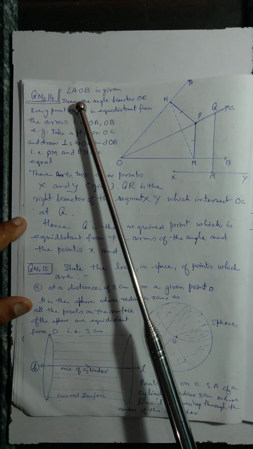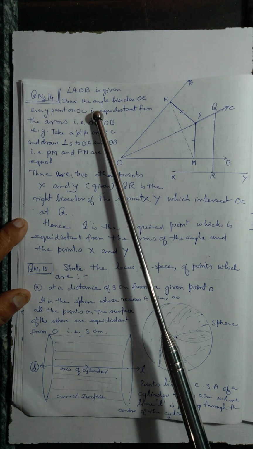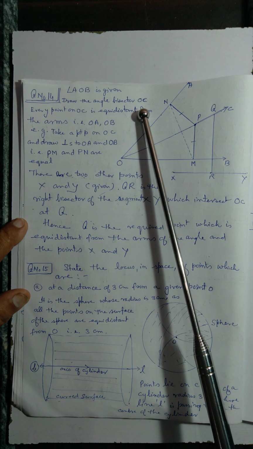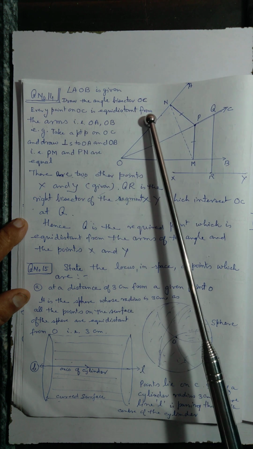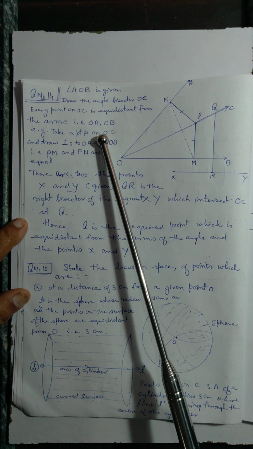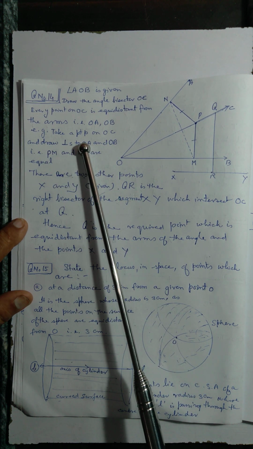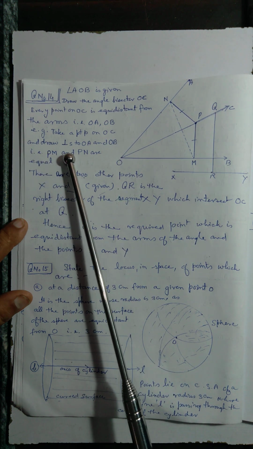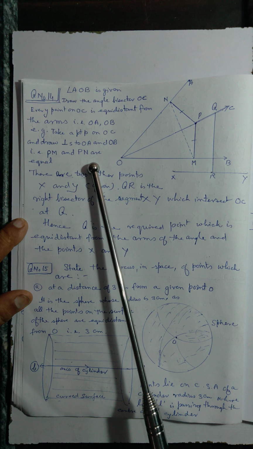You see, angle AOB is given. Draw the angle bisector OC. Every point on OC is equidistant from the arms, that is OA and OB. For example, take a point P on OC, draw perpendiculars to OA and OB, that is PM and PN are equal.